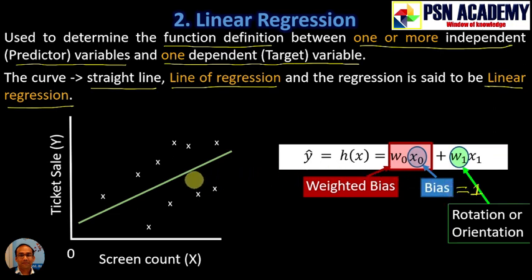And on the other side, you will be needing shifting the line up and down. So, for that operation, you need this w0. So, w0 is responsible for shifting up and down, which we call intercept actually. And this w1 is actually meant for rotation, right? So, this is your linear regression.